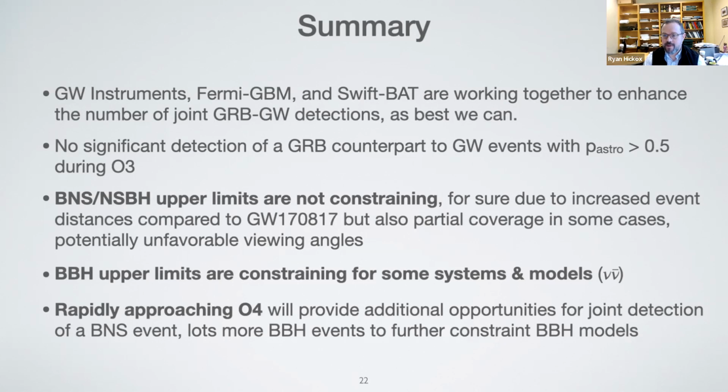I've got one follow-up to that, which is, O4 is going to be more sensitive, right? So it'll have a larger horizon, but also presumably can do a better localization of the sources.